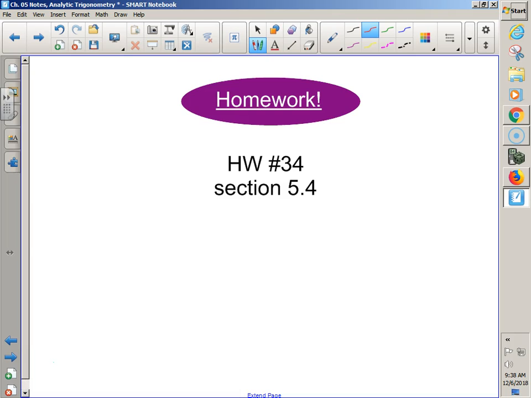What would be the formula for cosine of u plus v? Tony. Did you guys hear the with or together and the sign change? Yes. Who has a formula for sine of u plus v? Sine u times cosine v plus cosine u times sine v.